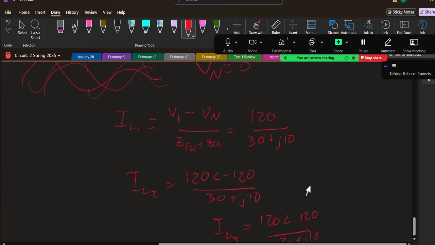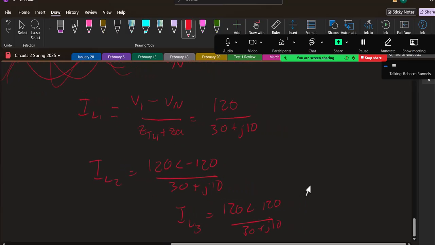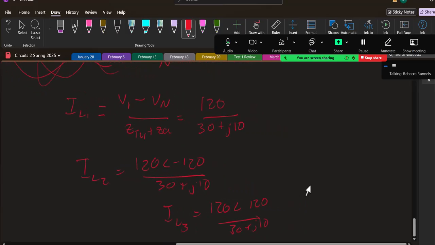So our neutral node ended up being 0 because it's balanced? Yes, and that's always the case for balanced configurations. And IL1 ends up being, I believe, 3.82 angle negative 18.4 degrees amps.